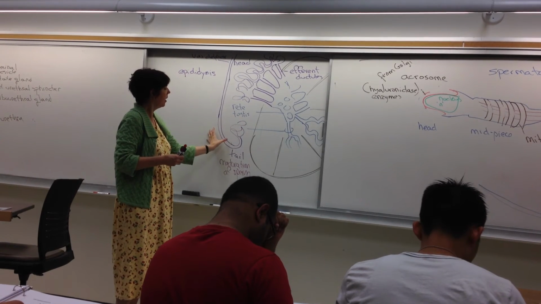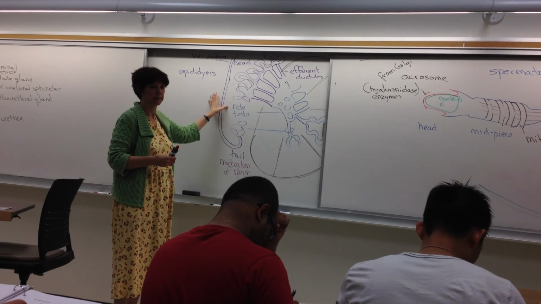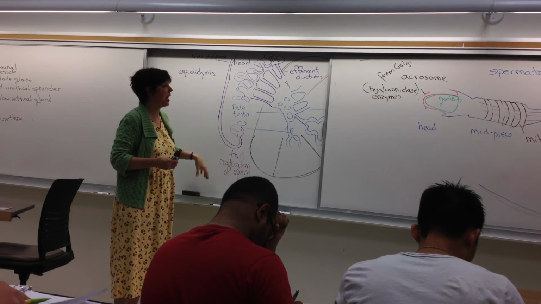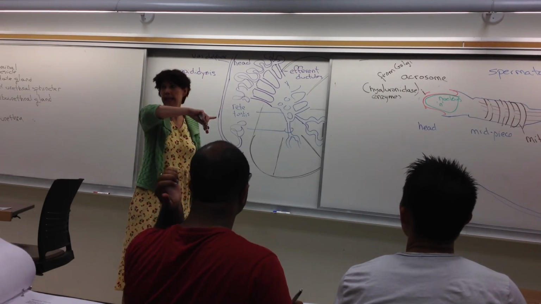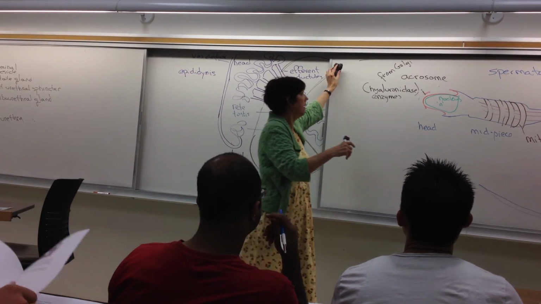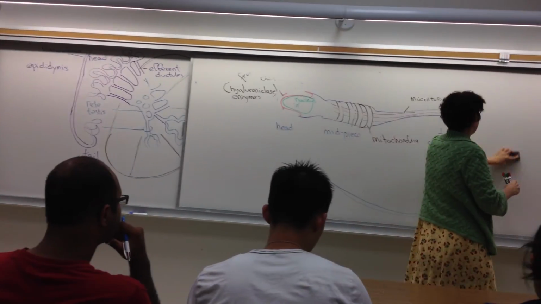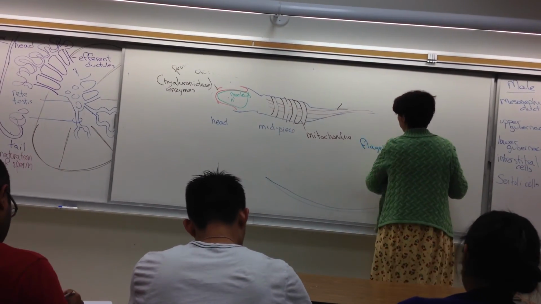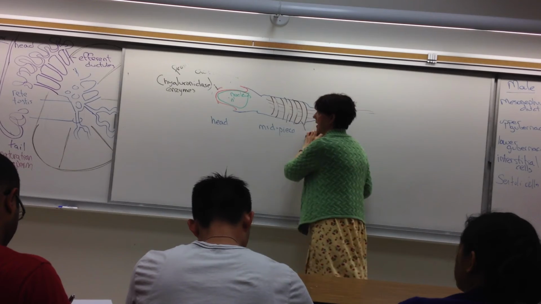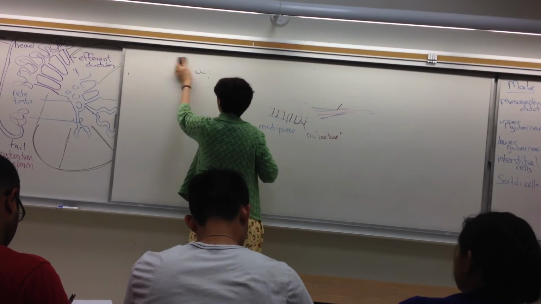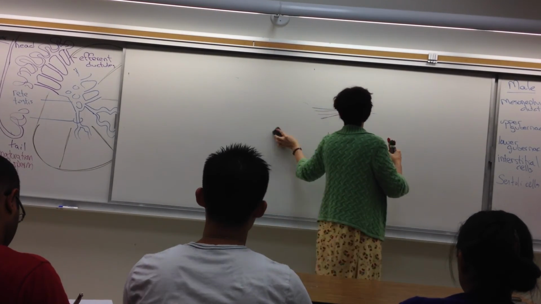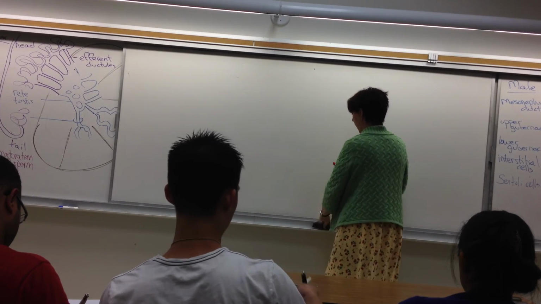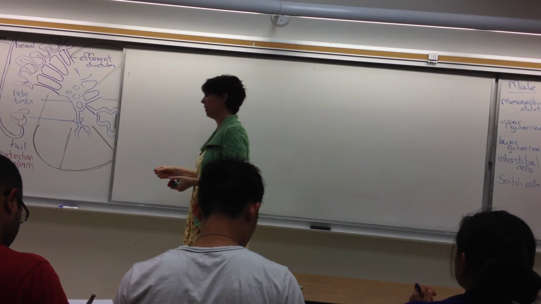And then we have the vas deferens. The movement of the sperm into the vas deferens, along with the movement of fluids from the glands, is a process known as emission.